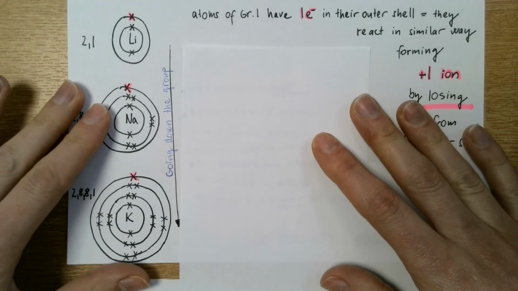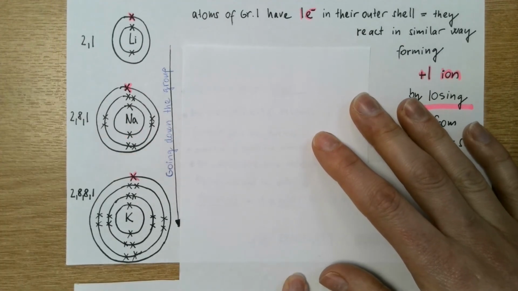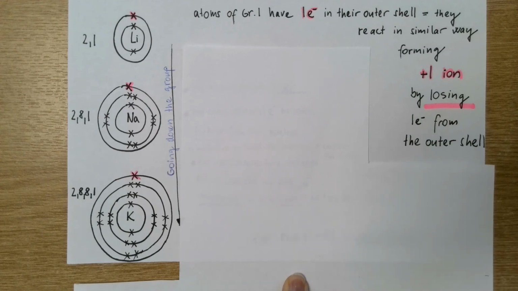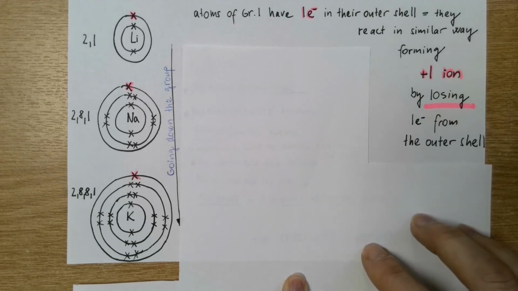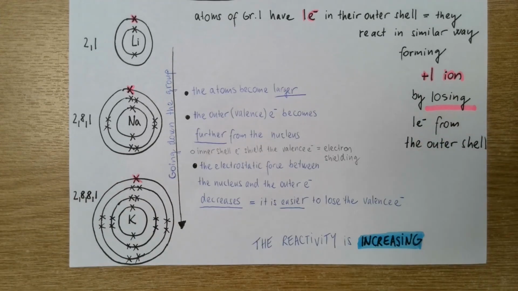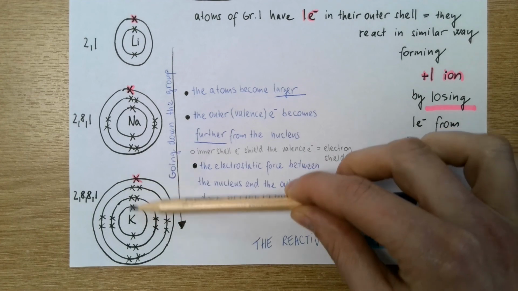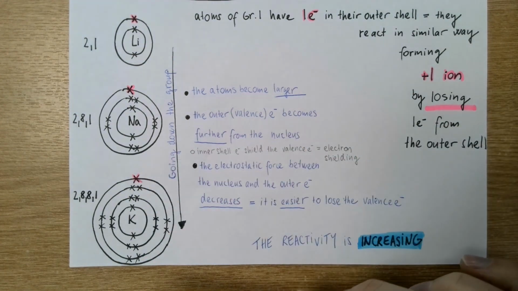Okay, so now we're just going to explain the reactivity of group 1 metals, why do they react so fast? As you're going down the group, actually the reactivity increases. So we're going to explain this trend. As you're going down the group, the atoms become larger, and the outer electrons start to go further away from the positive nucleus.